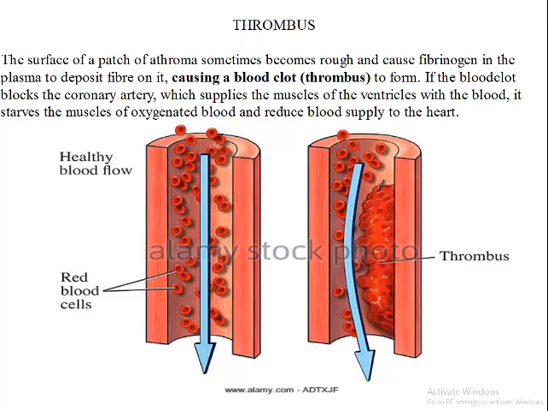So in the beginning, they were just fat, and now fiber will be deposited on it, and then finally a blood clot called a thrombus will form. If the blood clot blocks the coronary artery, which supplies the muscles of the ventricles with blood, it starves the muscles of oxygenated blood and reduces blood supply to the heart.